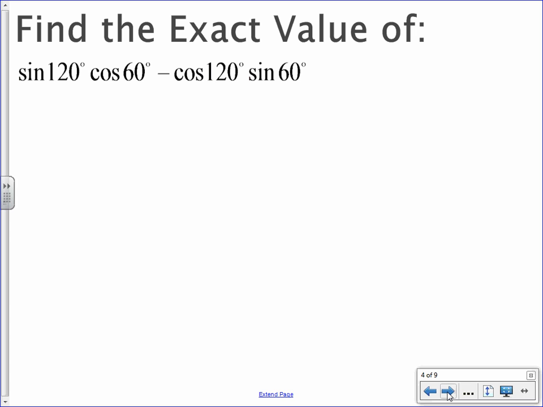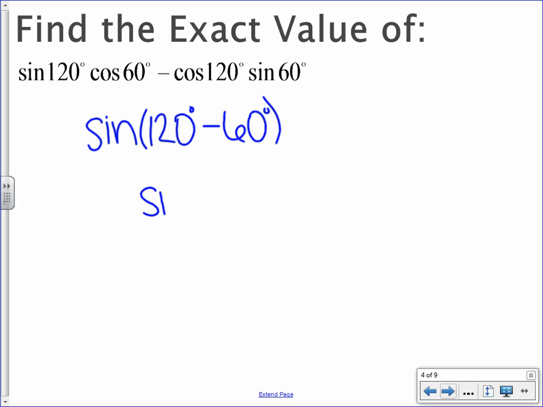Okay, if you notice, this is the difference formula for sine. So this really means the sine of 120 minus 60, which is really the sine of 60.